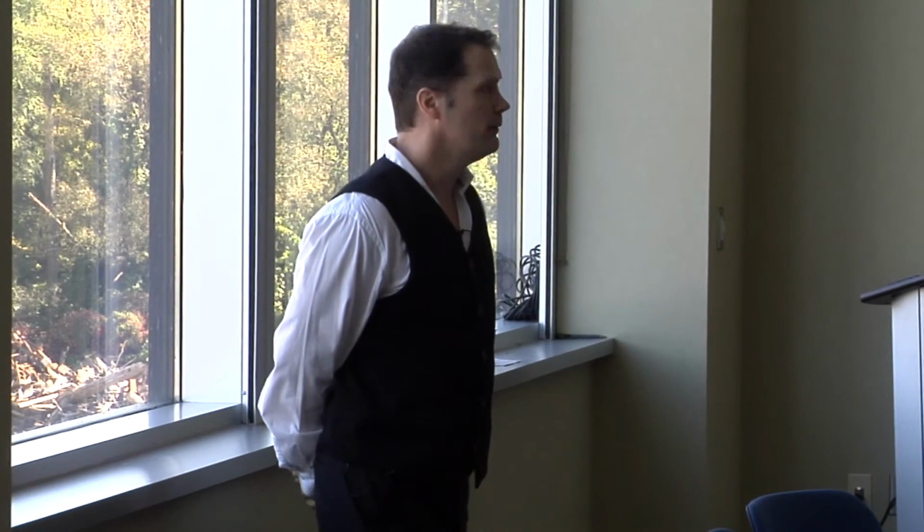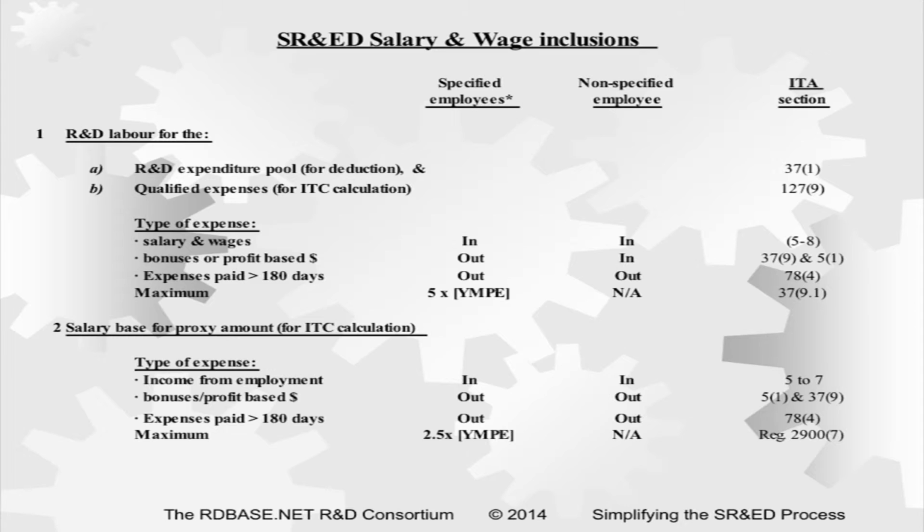So the first $260,000 that I pay to a specified employee, usually an owner-manager, for R&D, I can get credits on. If he or she pays himself more than $260,000 in R&D wages, I still get to deduct those wages, but I no longer earn any credits on them. Okay? So if they pay themselves $3 million, it's only the first $260,000 I get credits on. Any remainder is a deduction, but it doesn't earn credits.